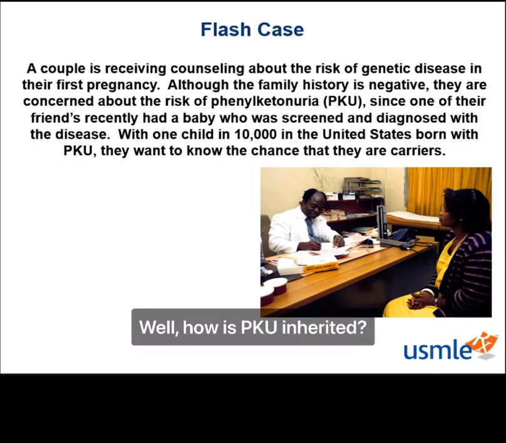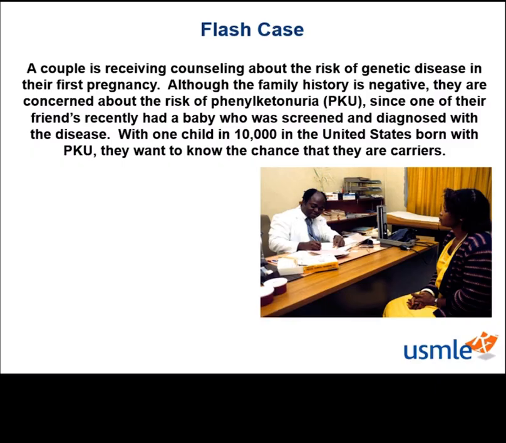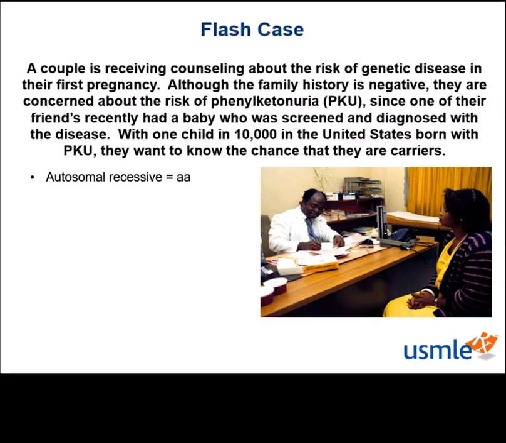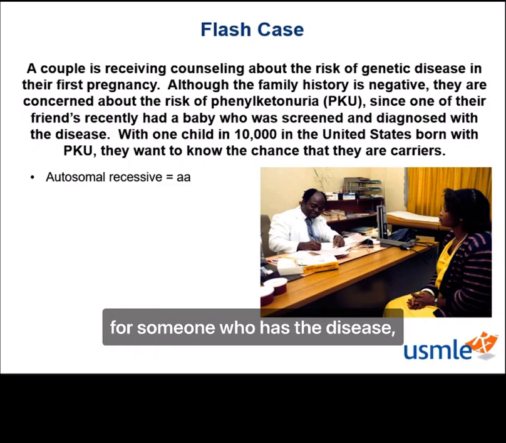Well, how is PKU inherited? It is an autosomal recessive disease. So the alleles for someone who has the disease would be these 2 little a's. In Hardy-Weinberg, we use Q's, so this would be Q squared.